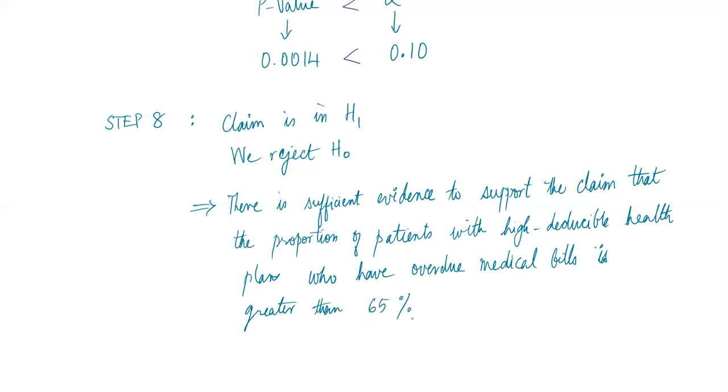So there is sufficient evidence to support the claim that the proportion of patients with high deductible health plans who have overdue medical bills is greater than 65%.